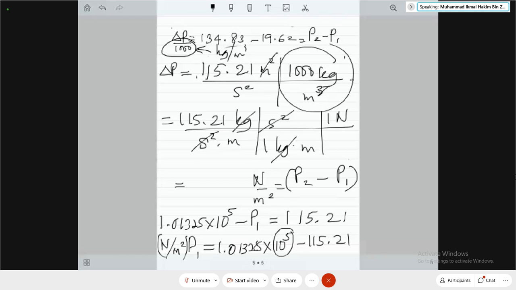The density part. Okay, times 10 to the power of 3. But still, it cannot be negative, isn't it? This is times 10 to the power of 5. This is times 10 to the power of 3. 5 minus 3 cannot be negative, isn't it?